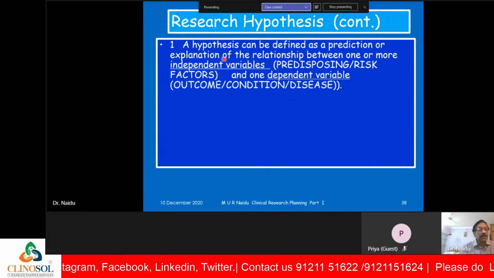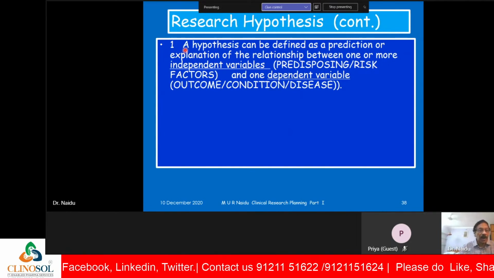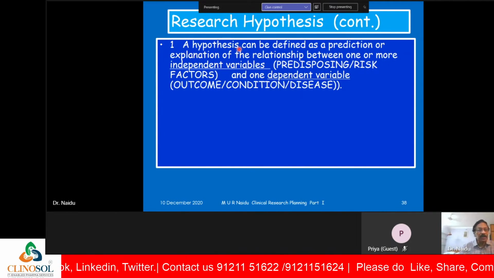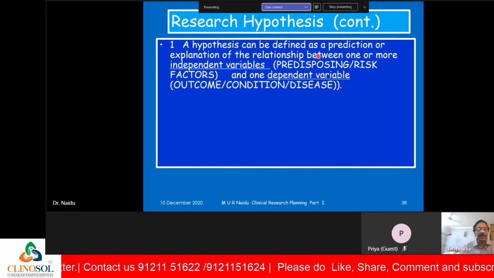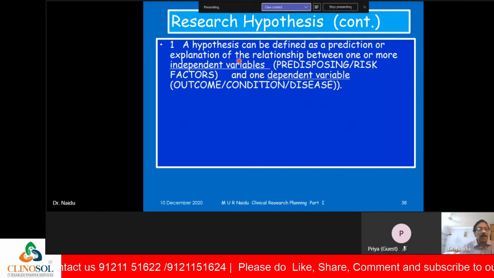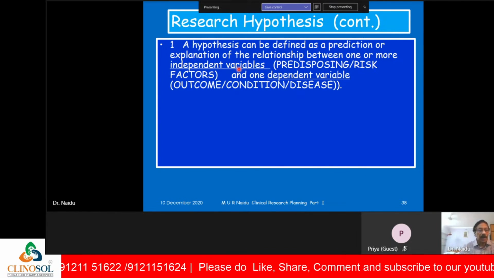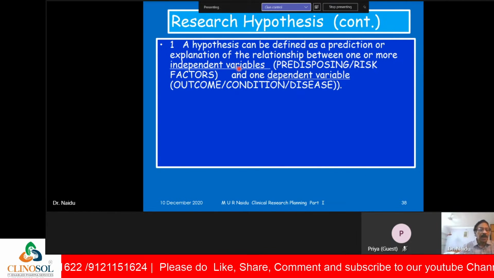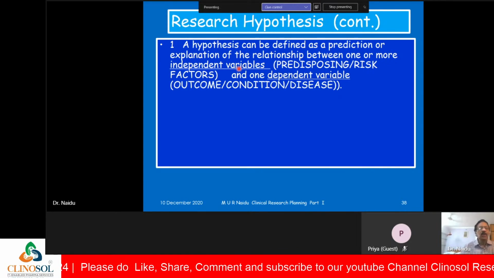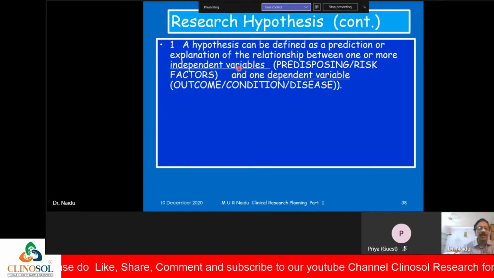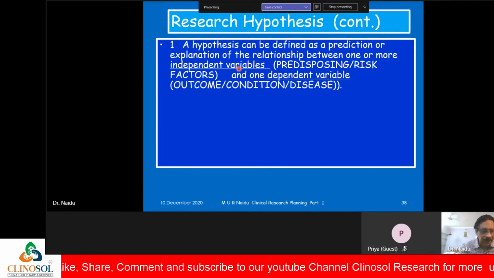The hypothesis will change into a research hypothesis, to define a prediction, an explanation of the relationship between one or more independent variables. I will take and divide the people, those who are taking tuna fish and those who are not, and see the incidence of pancreatic cancer.